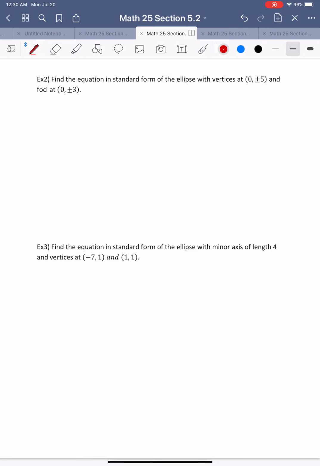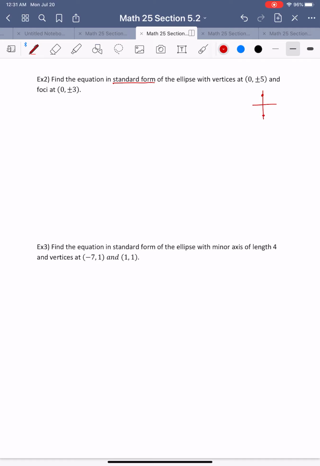Find the equation in standard form of the ellipse with the vertices at 0 and plus minus 5 and the foci at 0 and plus minus 3. So before I actually find the standard form, I want to know which one has an a squared, okay? So I'm just going to do the rough graph. The vertices are on the vertical axis, right? Right here to right here.